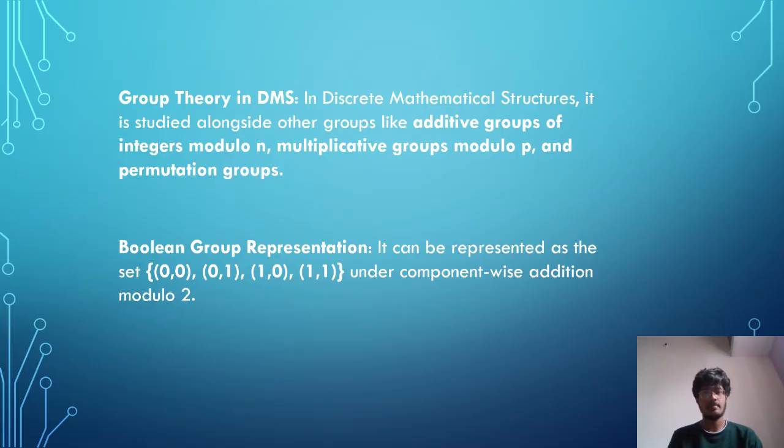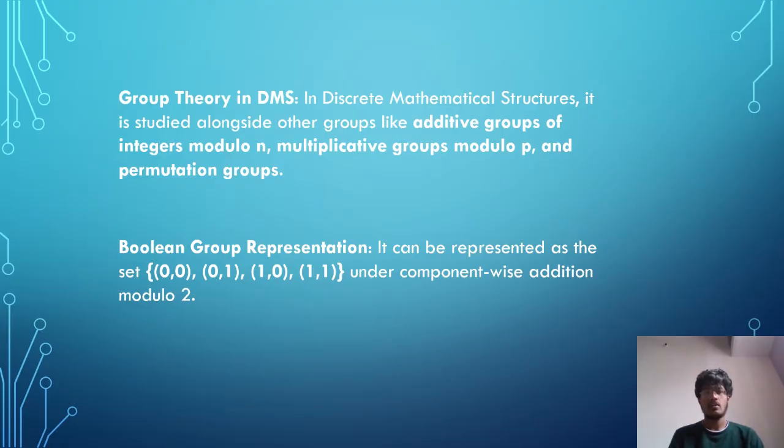Next one is Boolean representation. Boolean, nothing but true or false. In DMS, how can we represent it? It can be represented as a set. The set contains the 4 elements, that is 0,0, 0,1, 1,0, and 1,1.